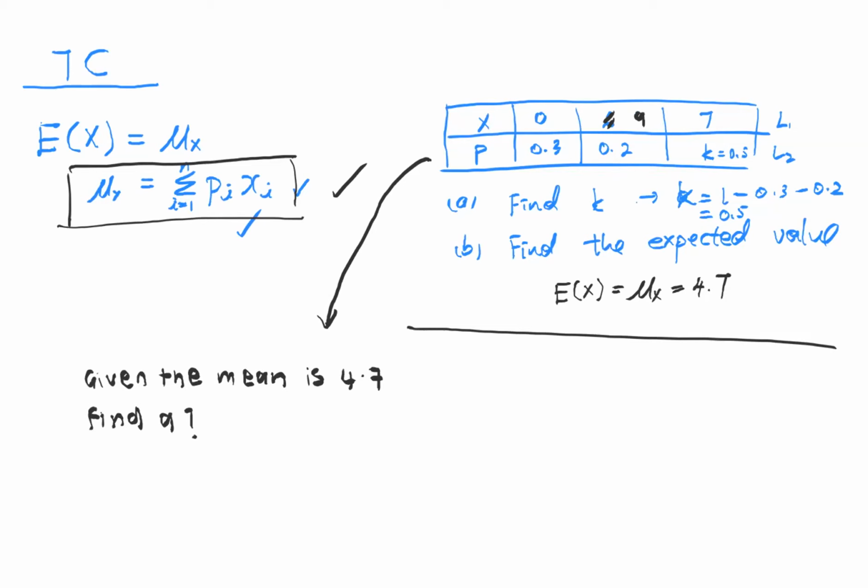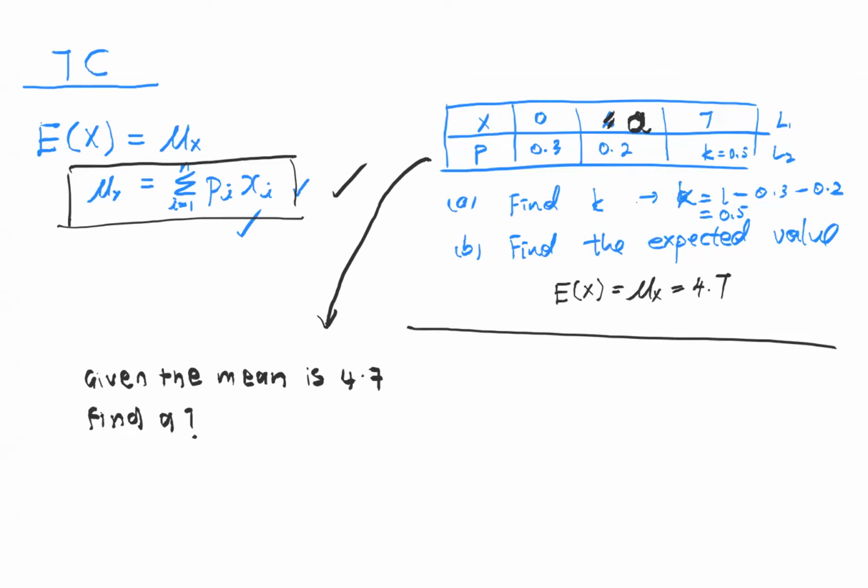So I change one of the variables, I don't know what is the value of that variable. One of the random variables, I let it be A. You get me? Then I say given the mean is 4.7, find the value of A. So can you key into the calculator? Definitely you can't.